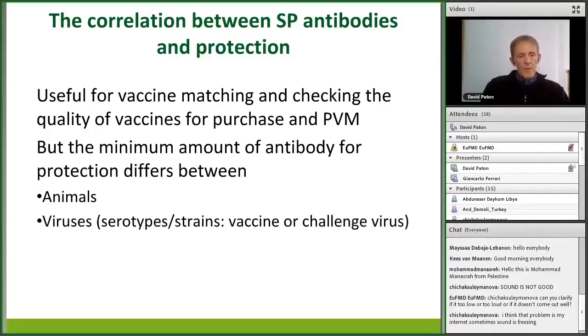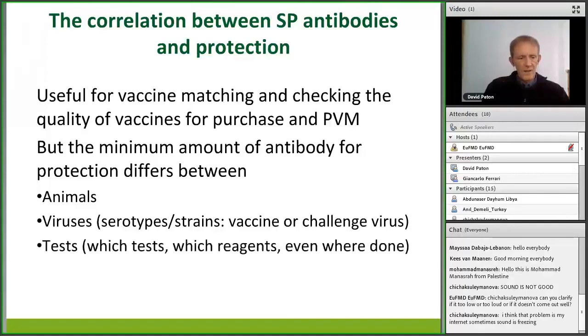A second problem, which we've touched upon, is to do with the viruses, that different viruses also differ in the amount of antibody you need to protect against them. So that also means that to some extent the results are specific to different vaccines.